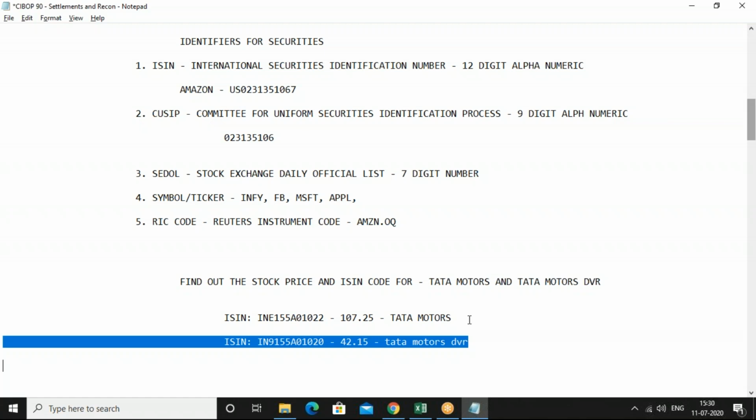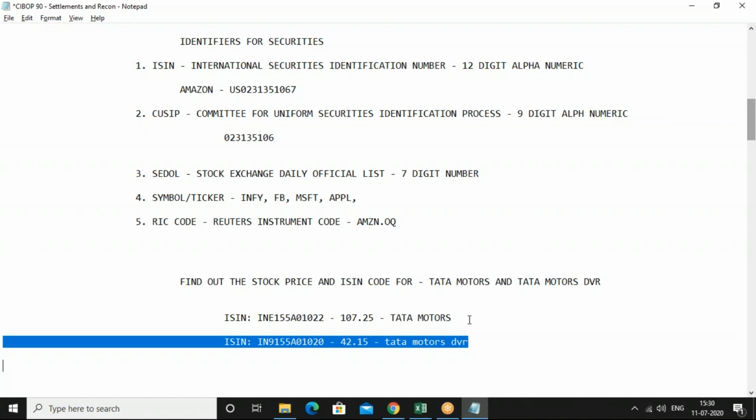Okay. Now, why is this important from a back office or a settlement perspective? When you talk about settlements, you are going to settle a transaction or a trade based on the ISIN code. Now, the probability of you settling a trade incorrectly, let's say the client knows Tata Motors and you have Tata Motors DVR, there's no way you can mess it up because the systems won't allow it.